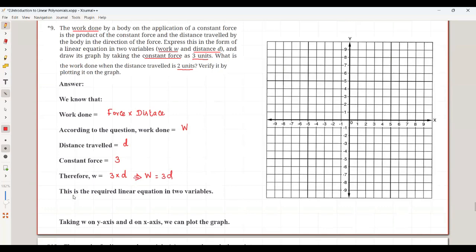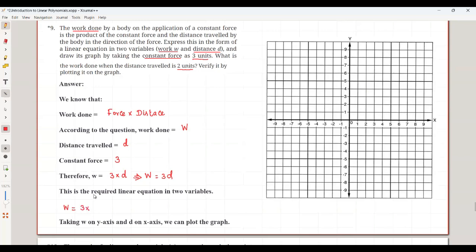Now this is the linear equation. Work done is equal to 3 times D, 3 into distance. What is the work done when the distance travelled is 2 units? Now we have to find the work done. Work done is equal to 3 into distance.